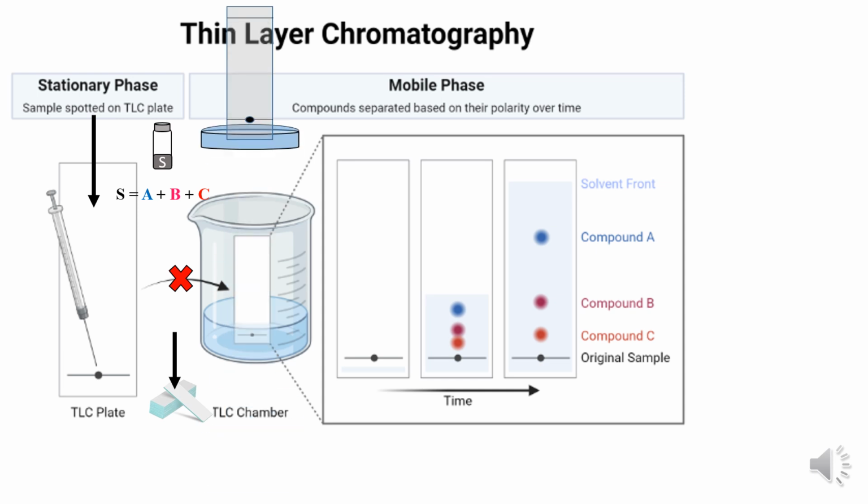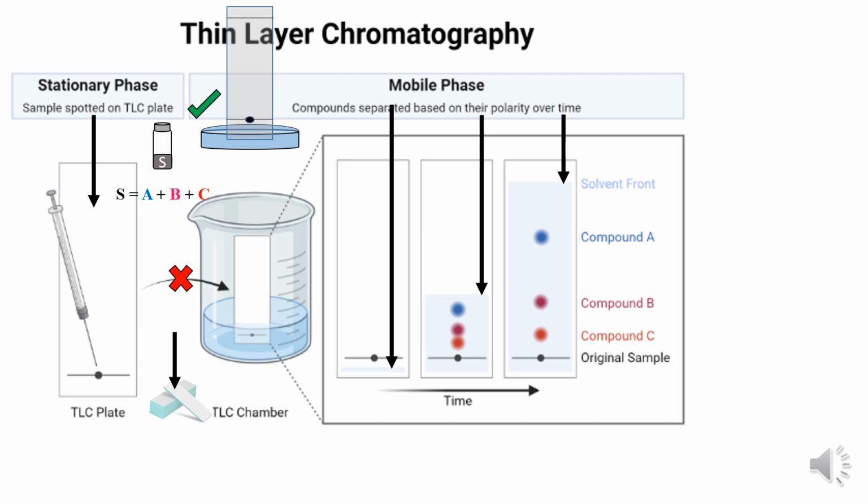Now the right way of doing it is when you introduce the TLC plate into the chamber containing the mobile phase, make sure that the baseline over which the sample is applied is slightly above the mobile phase. Now during development, the solvent system which acts as a mobile phase travels through the stationary phase by capillary action.